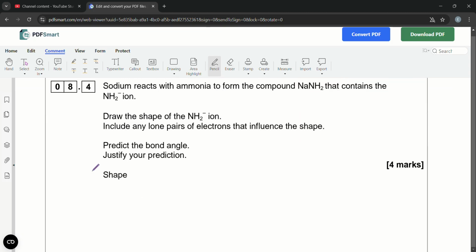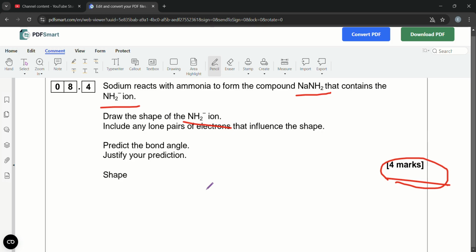And now the final part, 8.4. Sodium reacts with ammonia to form a compound NaNH2 that contains this ion. Draw the shape of this ion, include any lone pairs of electrons that influence the shape, 4 marks, and then predict the bond angle and justify the prediction.